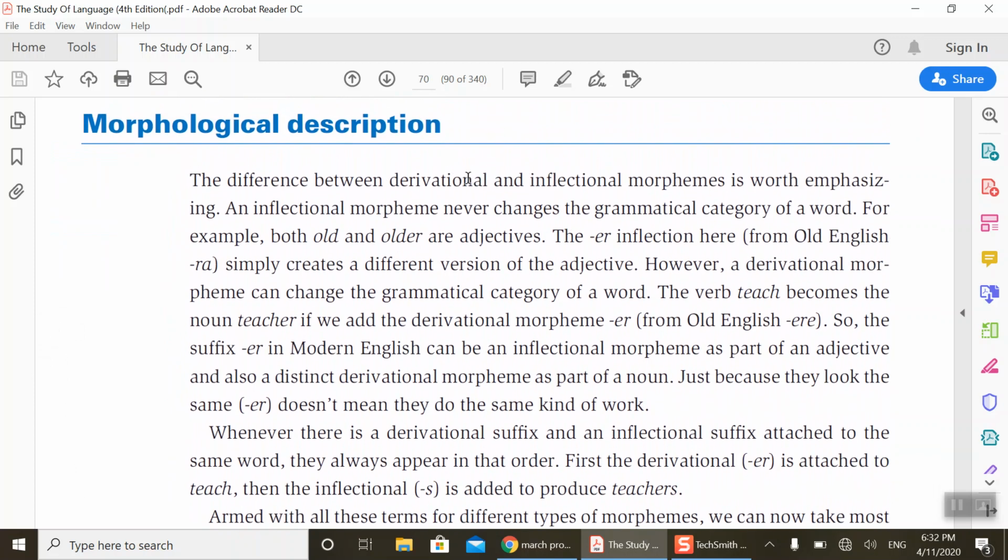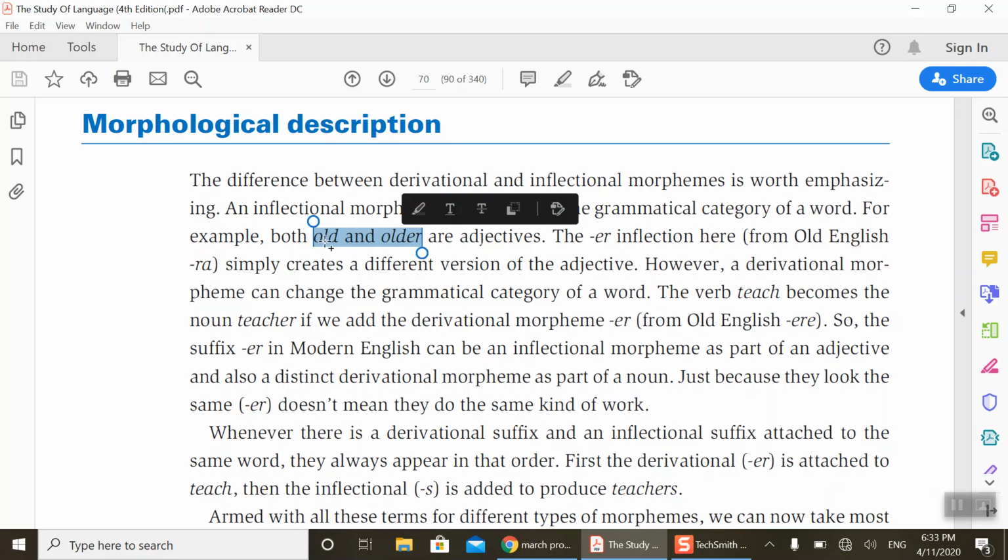The difference between derivational and inflectional morphemes is worth emphasizing. An inflectional morpheme never changes the grammatical category of a word. This is another difference. For example, old, older: no change in part of speech or grammatical category.